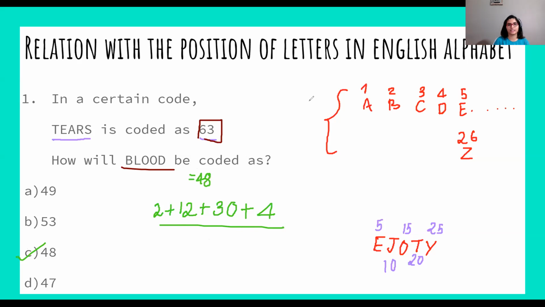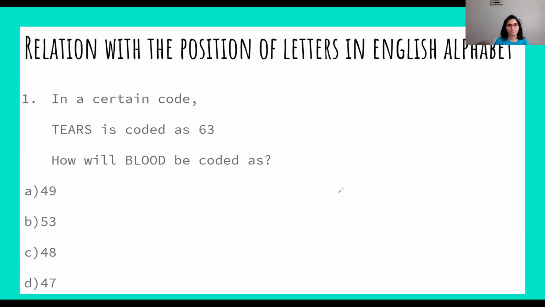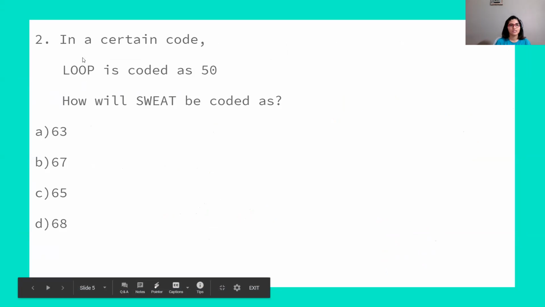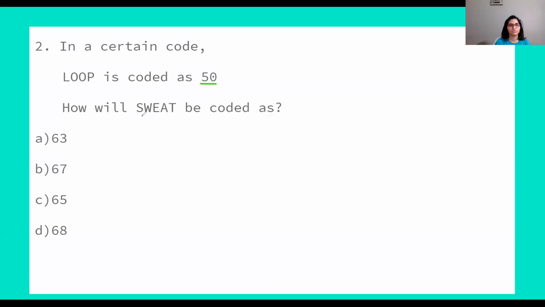Next, move on to the next example of this type. Next is, in a certain code, LOOP is coded as 50. How will SWEAT be coded?